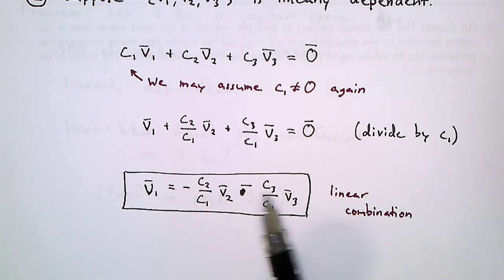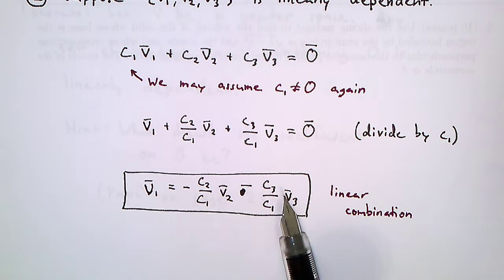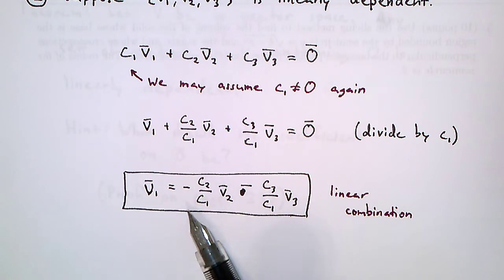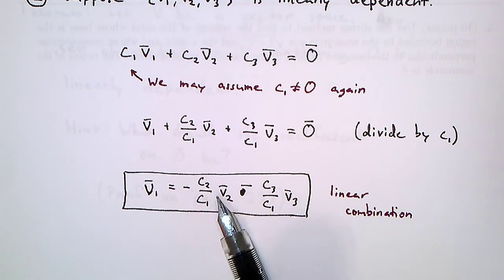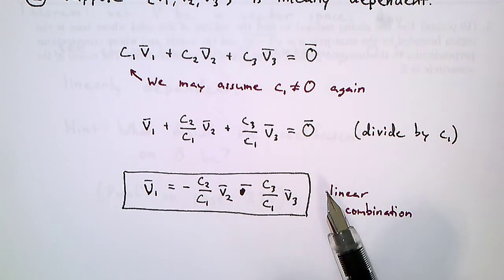So what we're looking at is v1 is a linear combination of the other two vectors. Our linear combination is maybe a little bit complicated to look at because of this division, but really negative c2 over c1, that's just a number, and negative c3 over c1, that's just a number as well. So this is a linear combination.